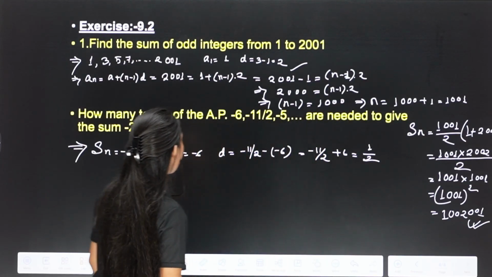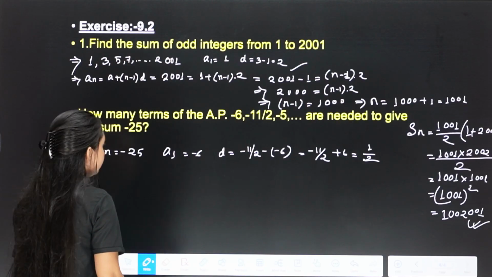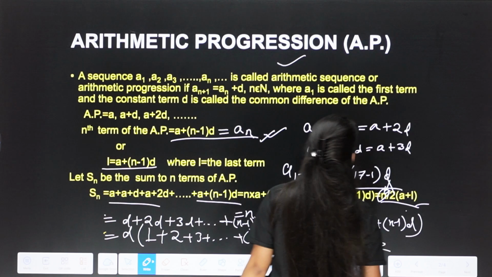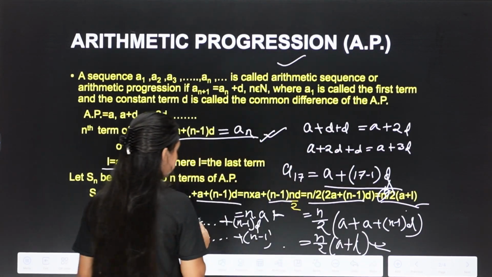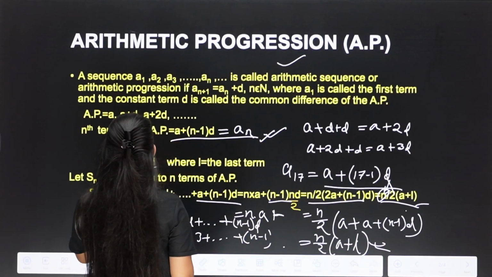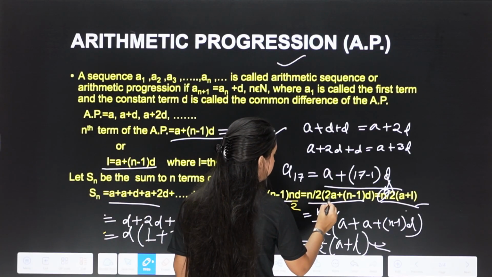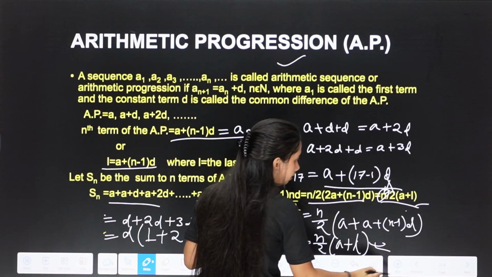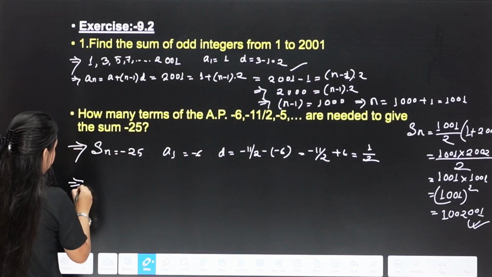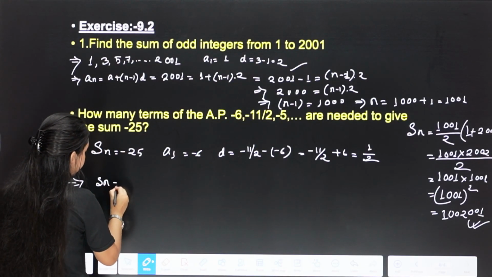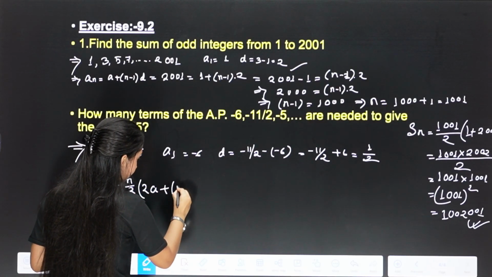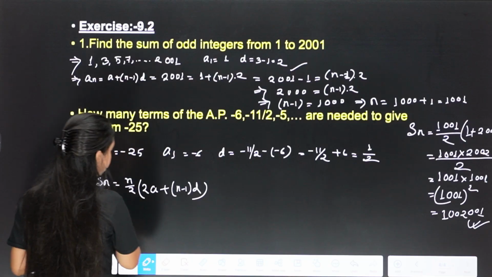And we have discussed a formula in a previous slide that Sn is equal to n by 2 into 2a plus n minus 1 into d. So here we already have Sn, and first we will write the formula, that is n by 2, 2a plus n minus 1 into d.